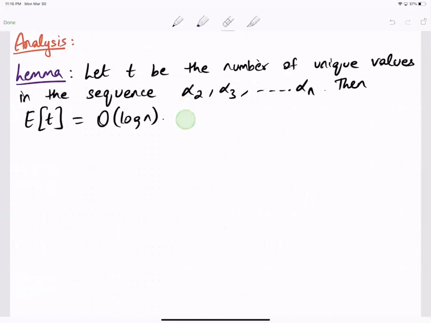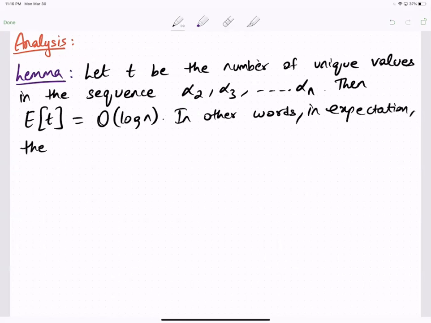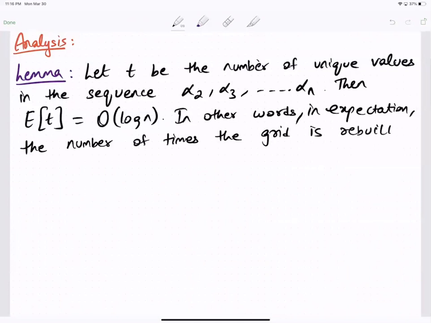So in other words, in expectation, the number of times the grid is rebuilt is order of log n.